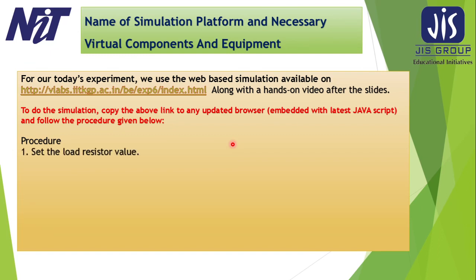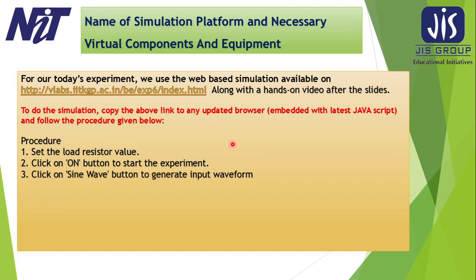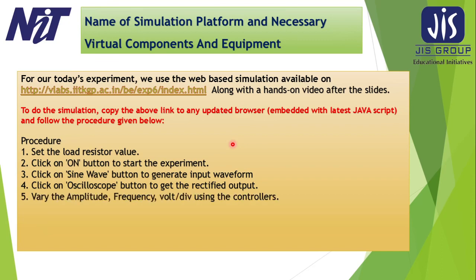First you have to set the load resistor and click on the start button. Then number 3, click on the sine wave button and generate the input waveform for your rectifier, and click on the oscilloscope button to get the rectified output. Vary the amplitude and frequency if necessary, and volt per division, using the controllers to operate the oscilloscope.